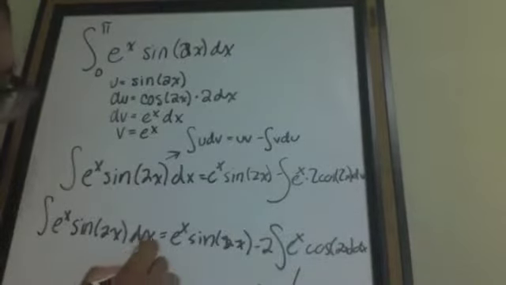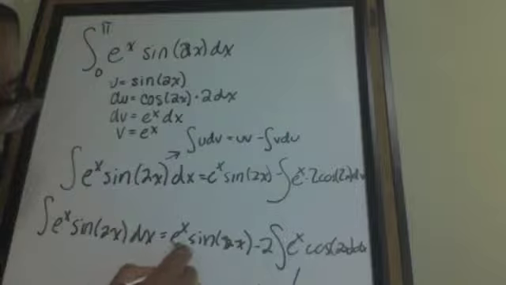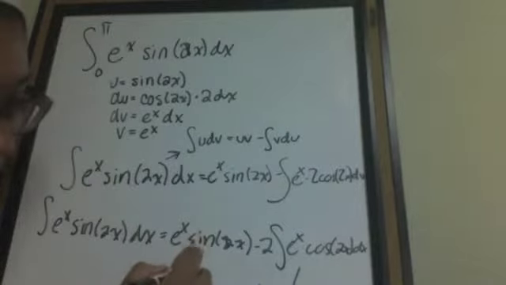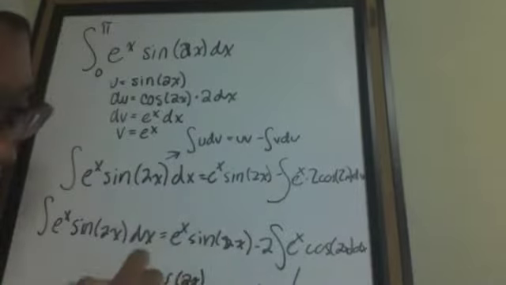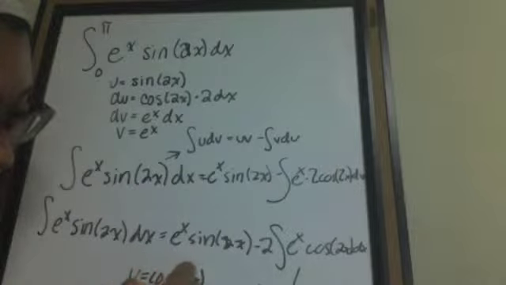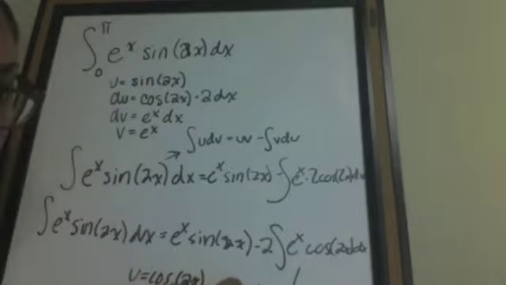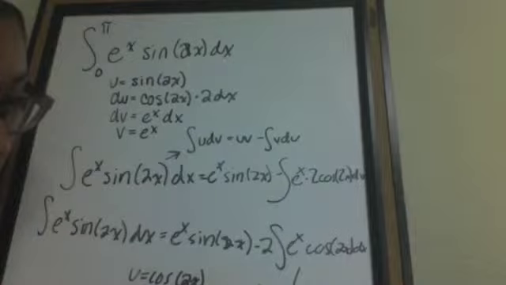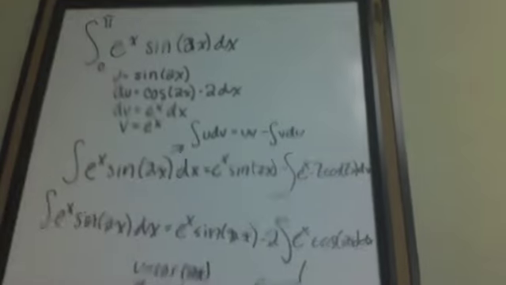So our u in this one is going to be u equals cosine 2x. So our du is going to be negative sine 2x times 2 dx.